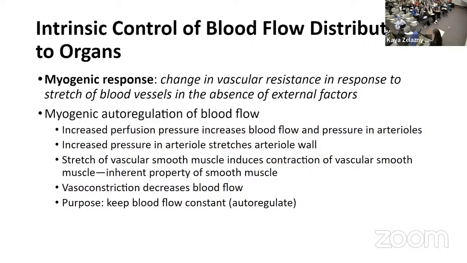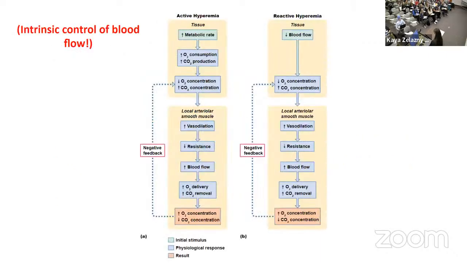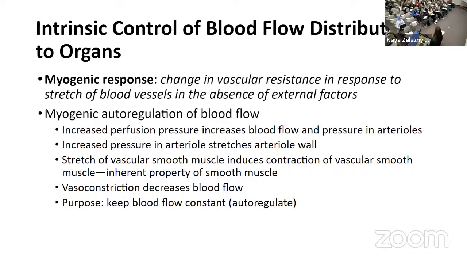So our other two methods of our intrinsic control of blood flow were about creating dilation, right? Getting more blood flow to this region. And so this one is about responding to an increase in blood flow, getting us kind of back to normal. So this is kind of the opposite.